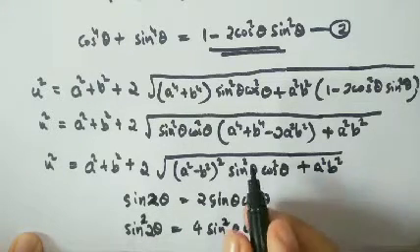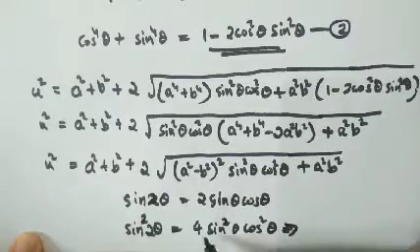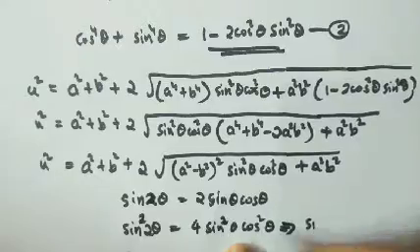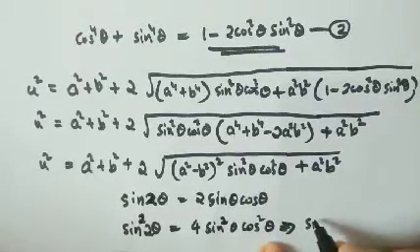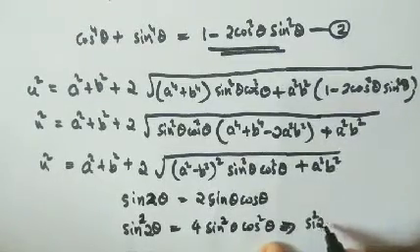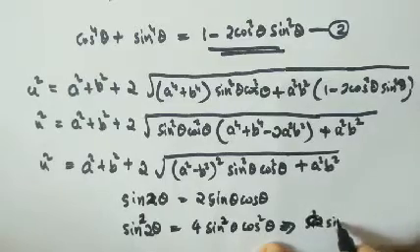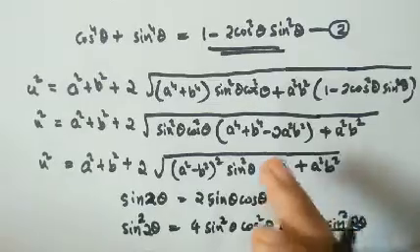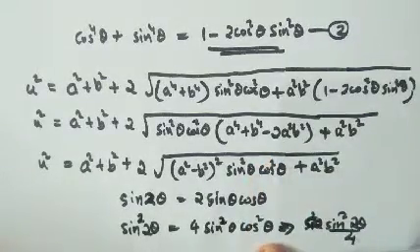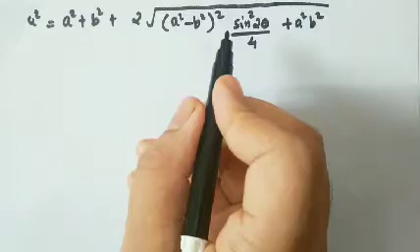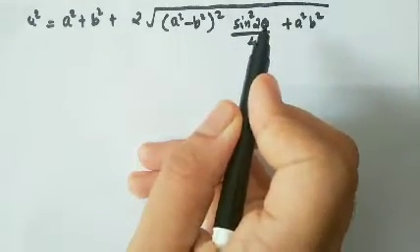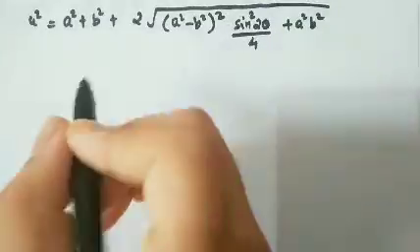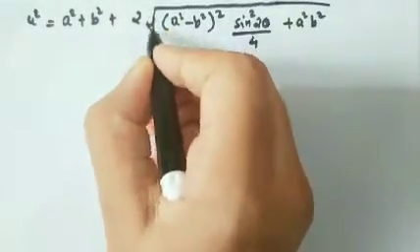I will substitute that here, in this expression. So I substituted sin square 2 theta divided by 4 in the place of sin square theta cos square theta. This whole thing is coming inside the root.